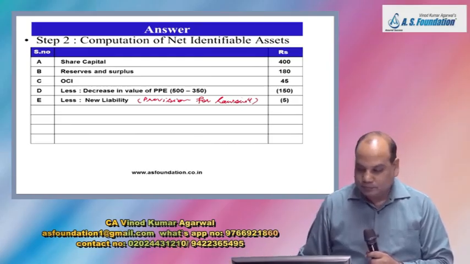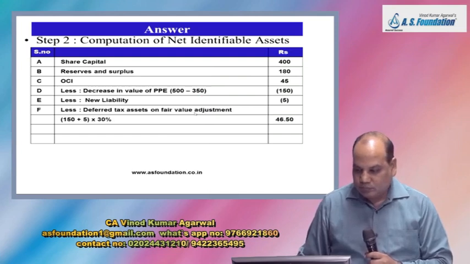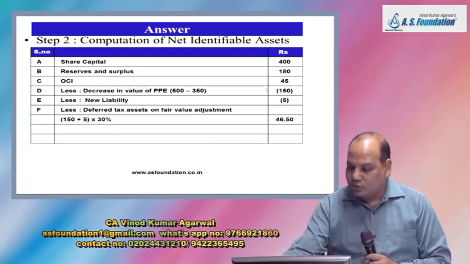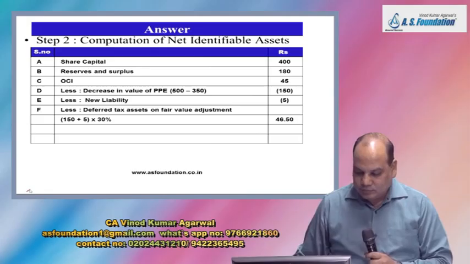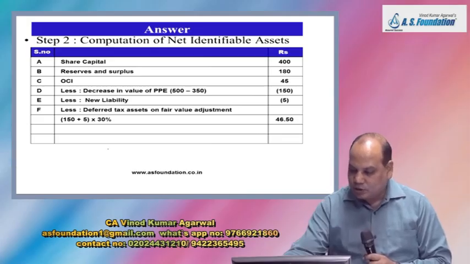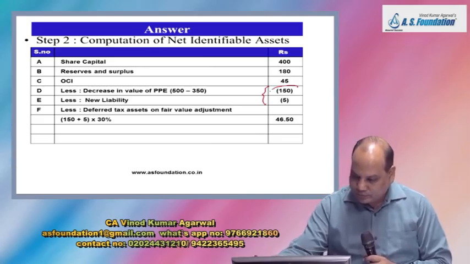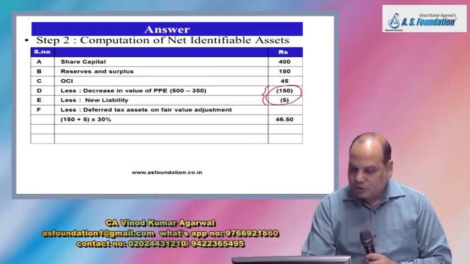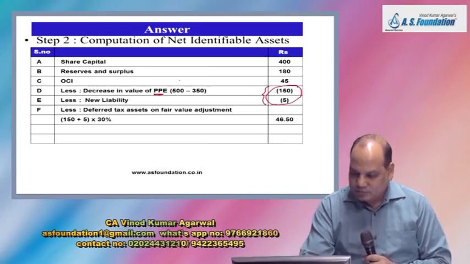That is 5. And then write down next point F. Since you have recorded two new assets and a liability, one new asset and one new liability, in case of PPE, this is carrying amount, this is fair value.